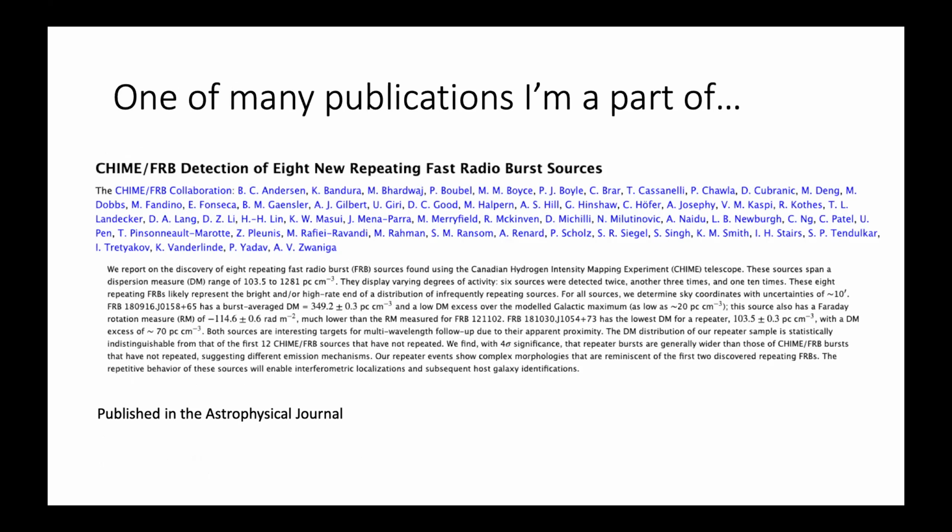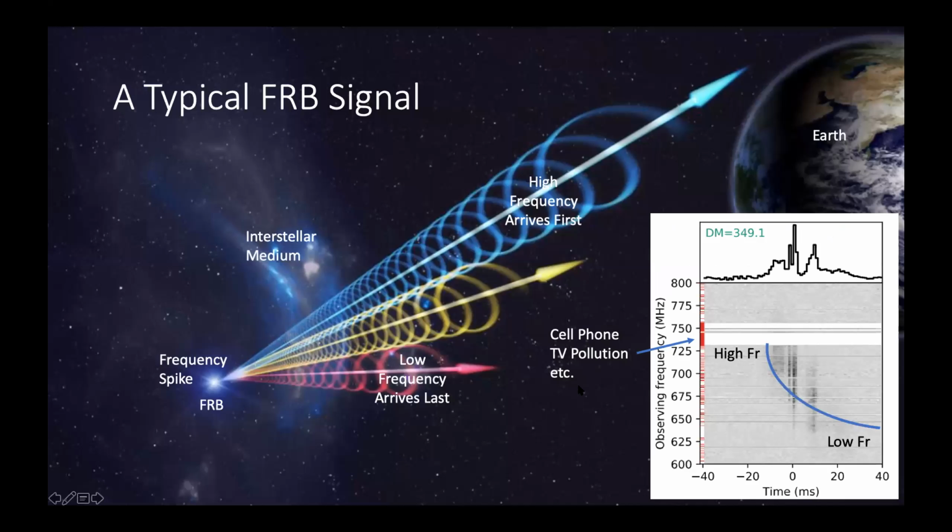And just a small excerpt from that paper is one of those, one signal of 8, I think it was, 8 different sources it said there. So this is the diagram. I'll just quickly explain. So what you have here is some fast radio burst event that's occurring. And it's like one big spike of energy at different frequencies that's happening.